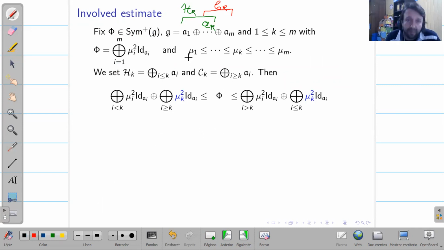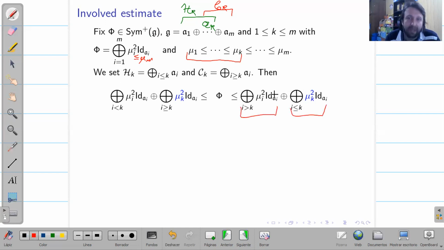And well, the simple estimate, since we have this, and this is less than or equal to mu m, the simple estimate is to bound by mu m every single index i, right? But here this is clever, and we do the same for the first k indices: we bound mu i by mu k.